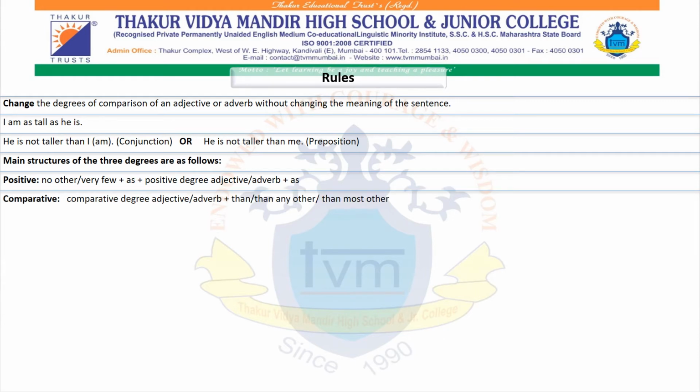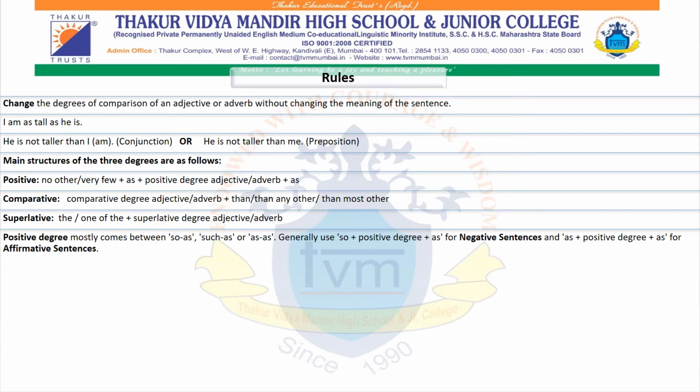Comparative degree, that is comparative degree of adjective plus than or than any other or than most other. Superlative structure, the or one of the and then superlative degree. So before superlative degree of adjective, we have to use the or one of the.